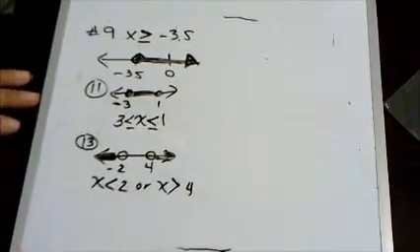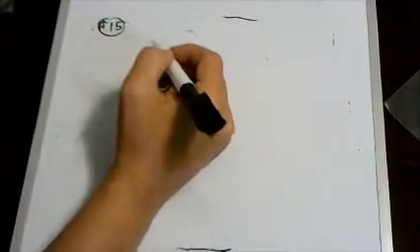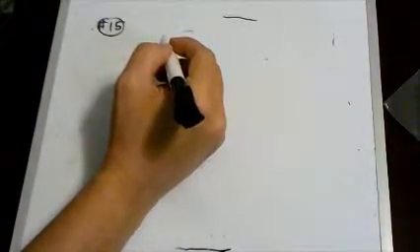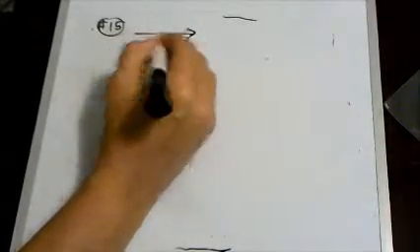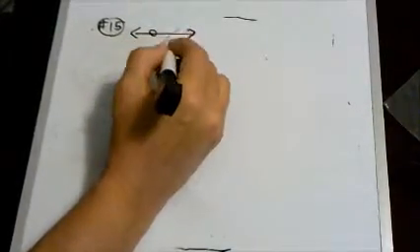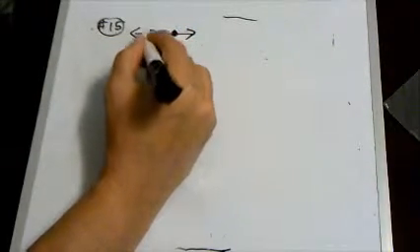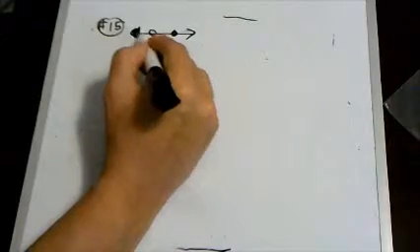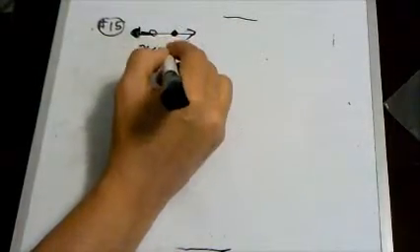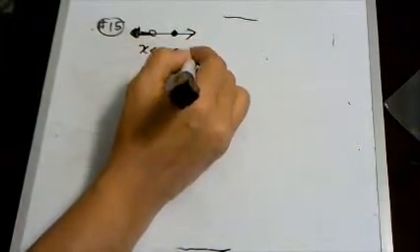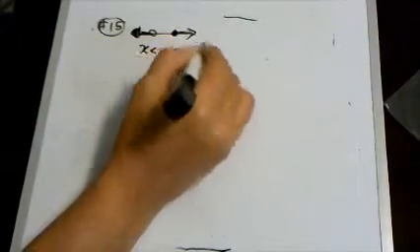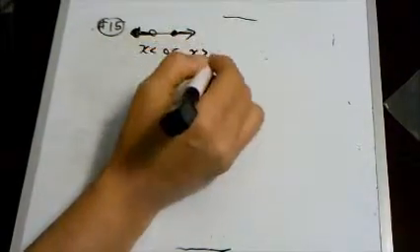Okay, so now let's go to number 15. Don't know where my eraser's at, so. Number 15. On number 15, we have the same thing. We have a circle right here and a closed-in dot right there, which means your sign will be like this. You'll have your x is greater than or equal to, because this one has a colored in dot.